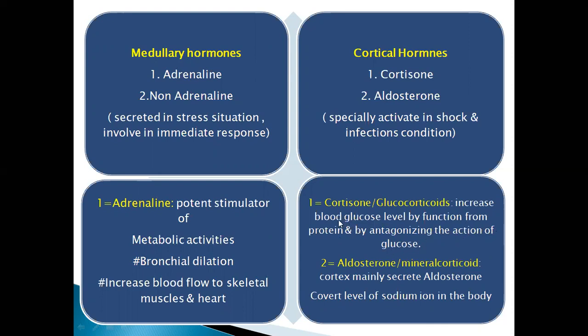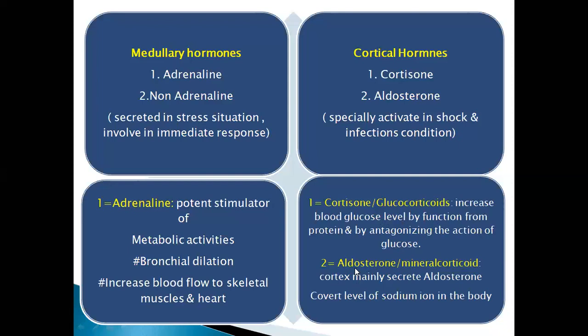Cortisone is basically increasing the blood glucose level. How? From proteins, yes. You know that when proteins circulate, they also produce glucose, and glucose breakdown is also producing sugar in the body.